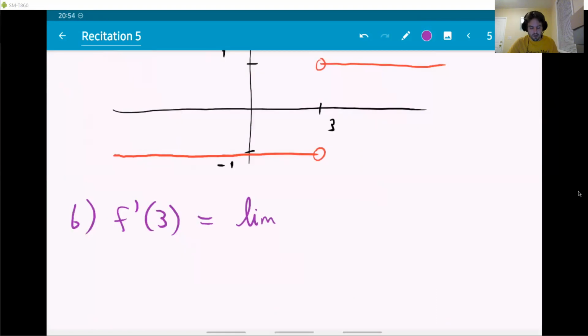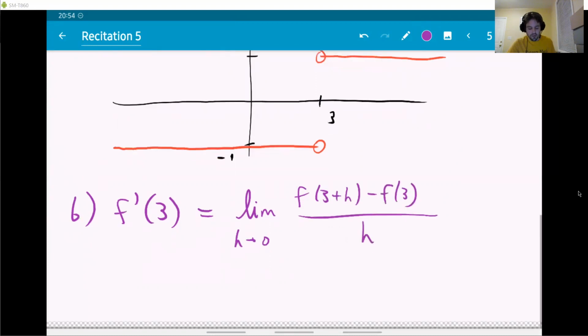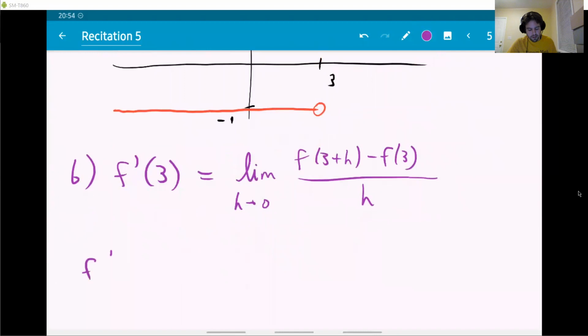Once again, let's use, for example, the h limit. f of 3 plus h minus f of 3 divided by h. And reminder that the function was absolute value of x minus 3, and then plus 2.